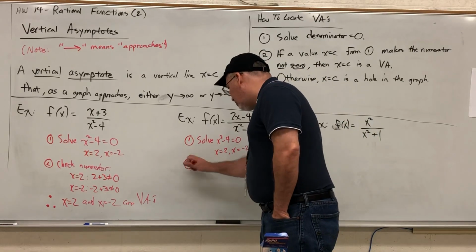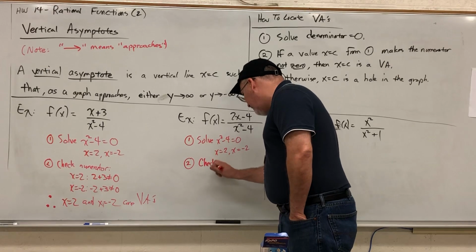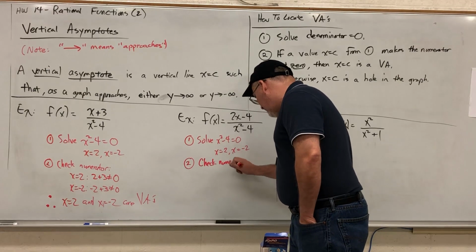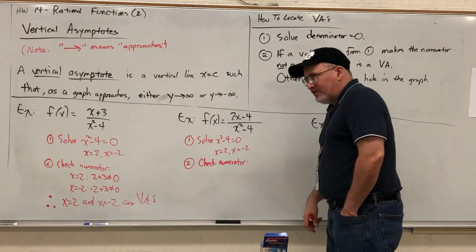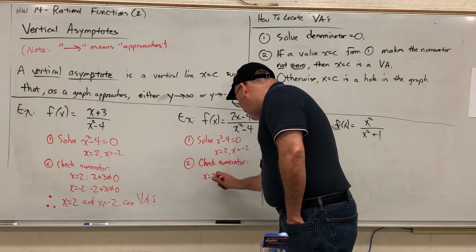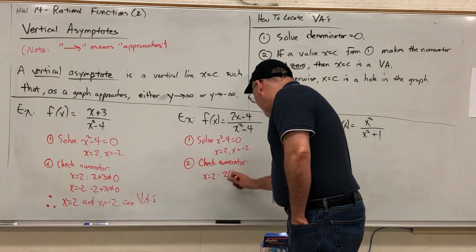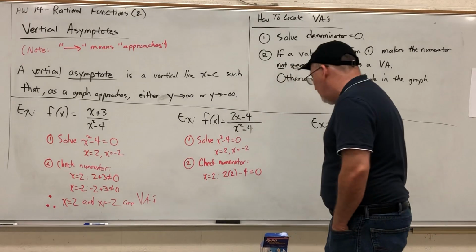But in order to christen them vertical asymptotes, you must next check the numerator, since we first solve the denominator equal to 0. So we'll start with x equals 2. If we put 2 into the numerator, we get 2 times 2 minus 4, and that is equal to 0.